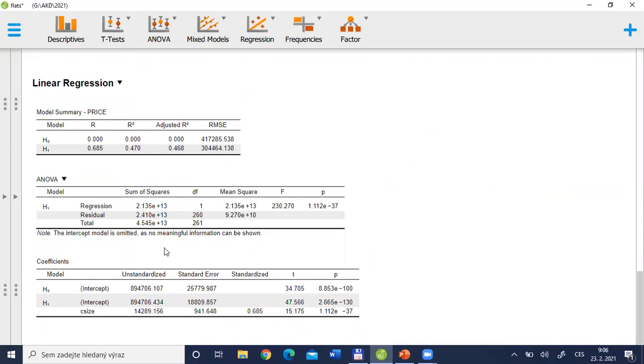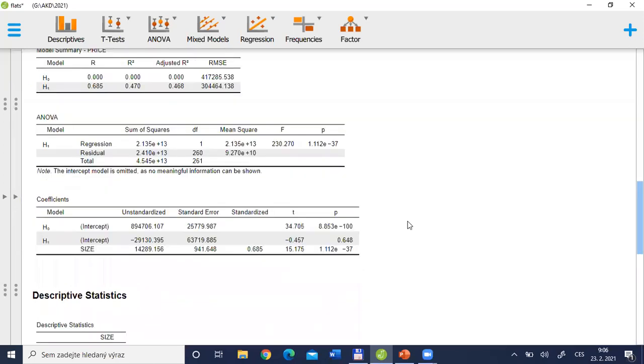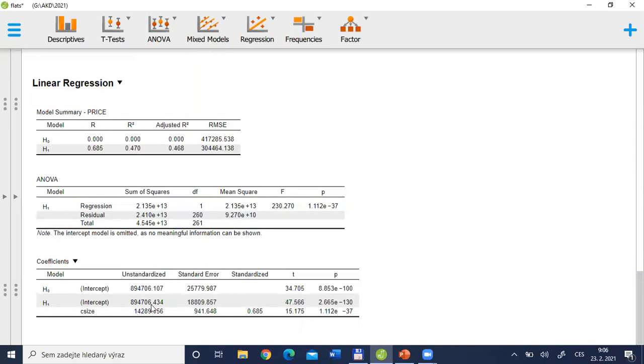What is different from the previous results is the value of the intercept. Once again, here we were unable to interpret the intercept. Here we are able to interpret it. It is nearly 900,000 Czech crowns, and it would be nice if somebody can help me interpret this value.